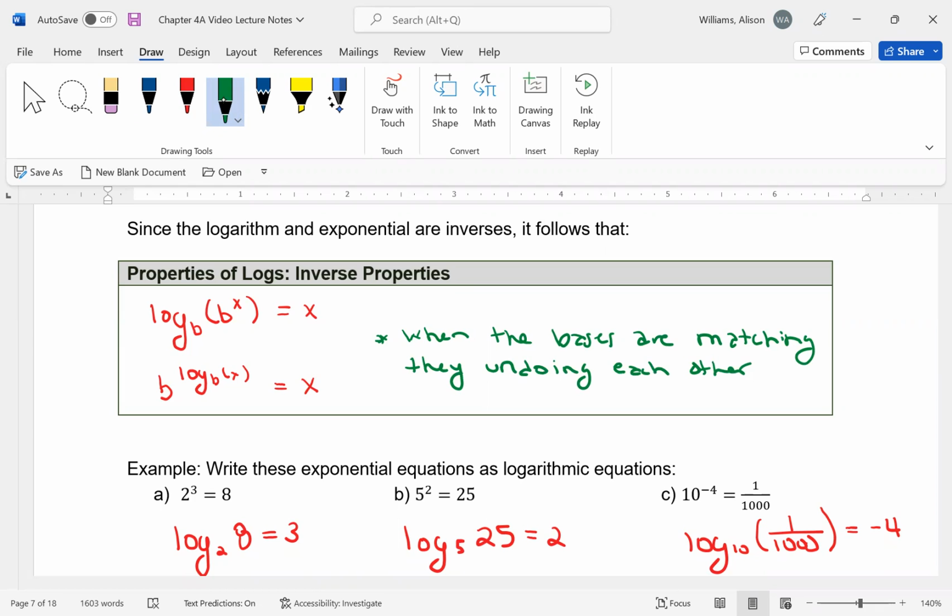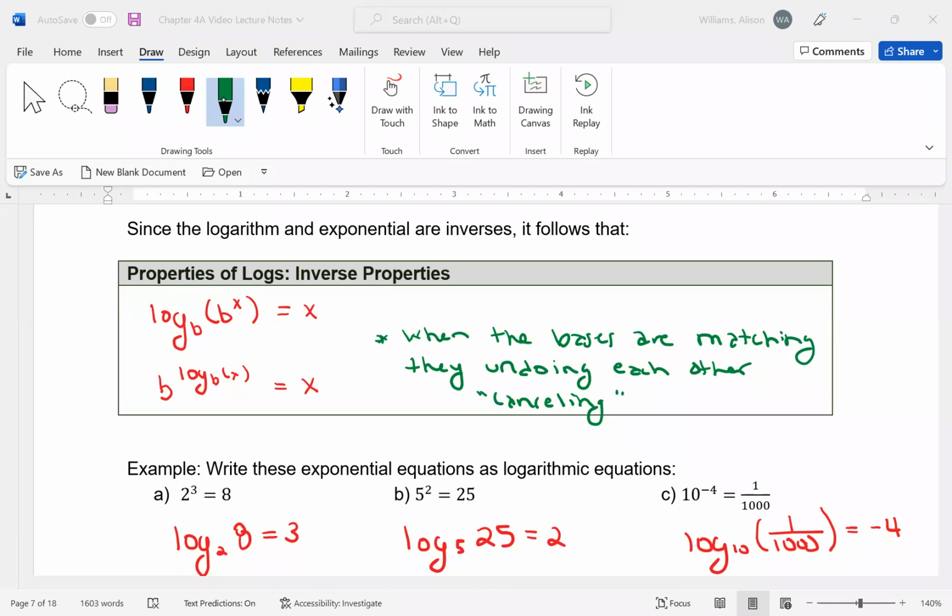It's the idea that when you have an x and you add it to a negative x, they cancel out, right? They become 0. That's because they're additive inverses of each other. So we can think of it as canceling. And it's okay to think of that as canceling in your brain. But that's really what's in essence happening.